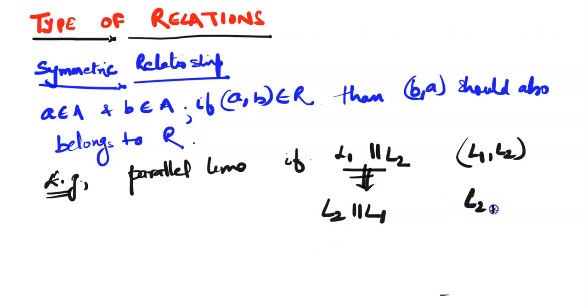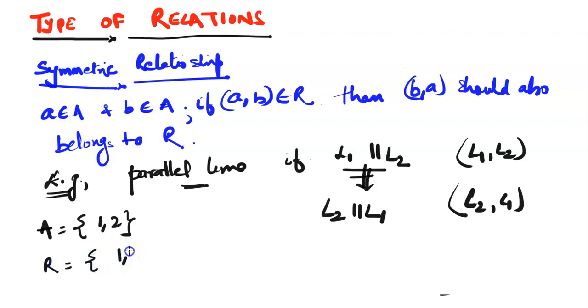So L2, L1 will also be in the relationship of parallel lines. So this is called a symmetric relationship. Basically, if you have set A which has two elements, then if there is a relation between 1 comma 2, there has to be a relation between 2 comma 1. So both these relationships should be part of R, and this is what we call symmetric.